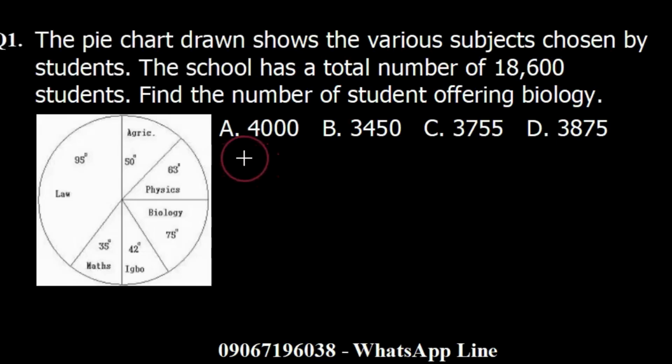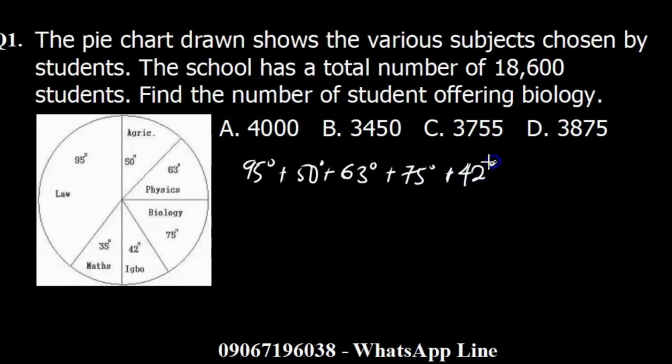So you're going to have 95 degree plus 50 degree plus 63 degree plus 75 degree for biology plus 42 degree for Igbo and plus 35 degree for maths. Finally, all of this should give you 360 degree. Verify that. That is the first step to start.